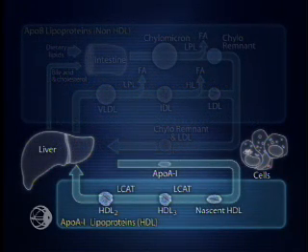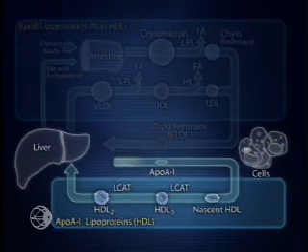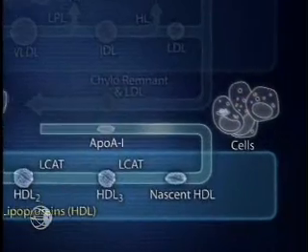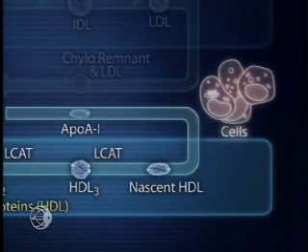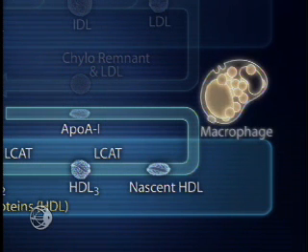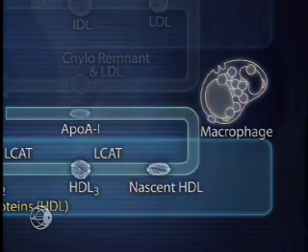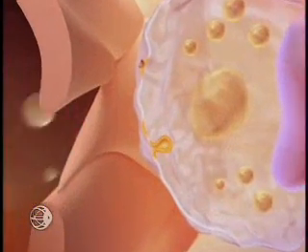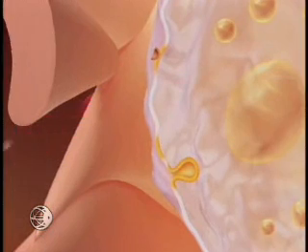To begin, poorly lipidated ApoA1 is secreted from the liver and intestine and released into the plasma for circulation to peripheral cells, where it removes excess cholesterol, forming nascent HDL. HDL's removal of cholesterol from cells is of utmost importance when those cells are cholesterol-laden arterial wall macrophages. Let's examine several of HDL's cholesterol-removing mechanisms.